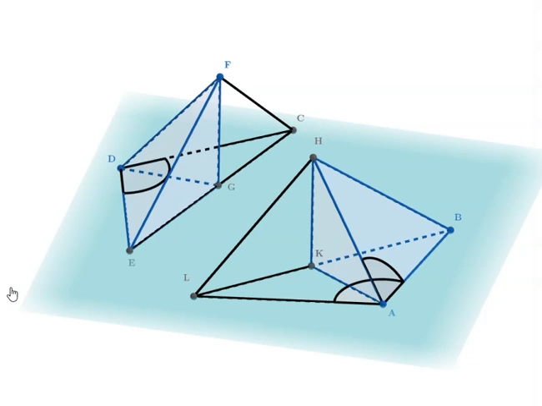Angle BAH is equal to EDF, and angle HAL is equal to angle CDF. So if you notice, the solid angle at D is equal to the solid angle at A. So we have constructed a solid angle from a given solid angle at a given point on a straight line.